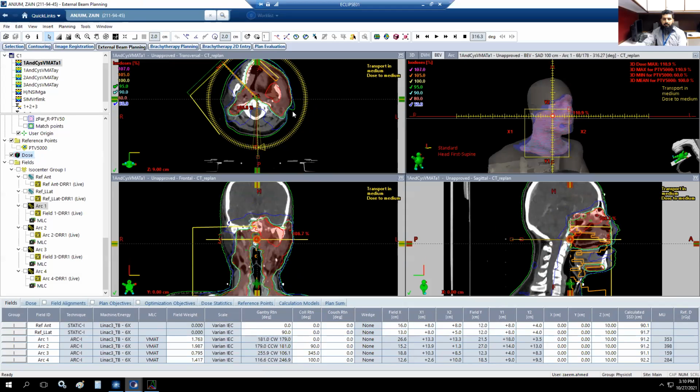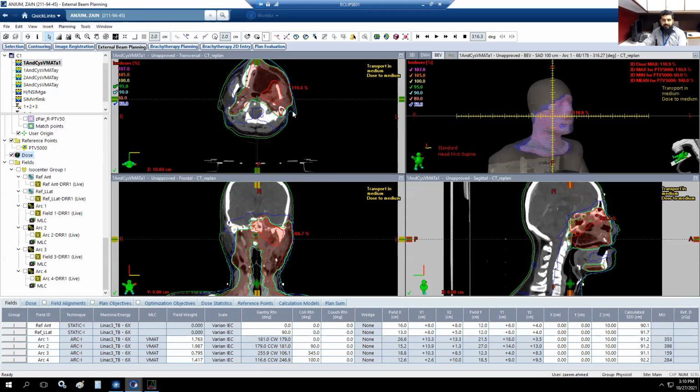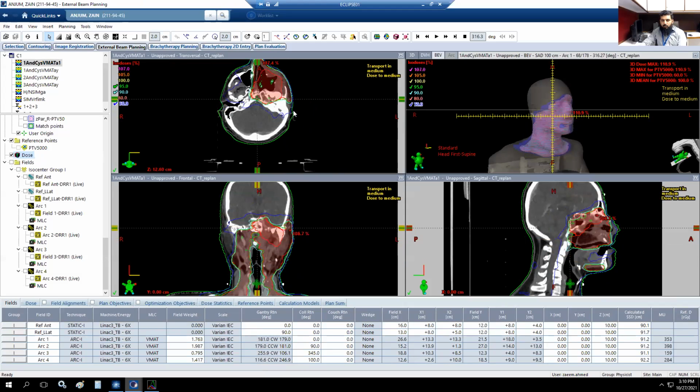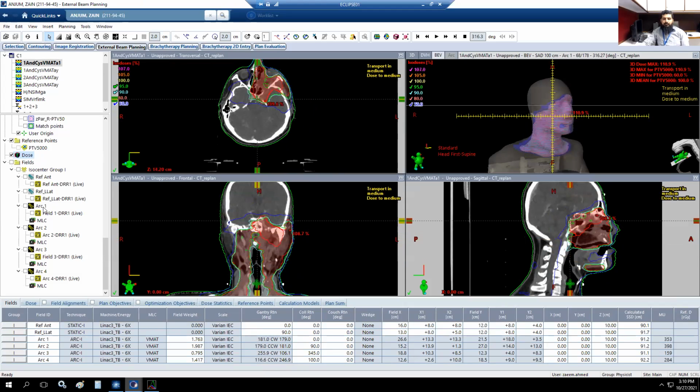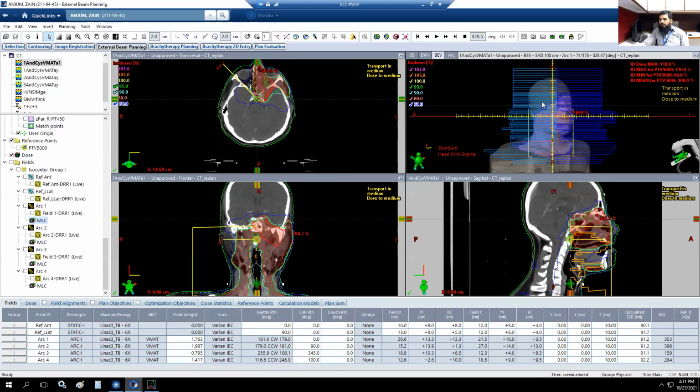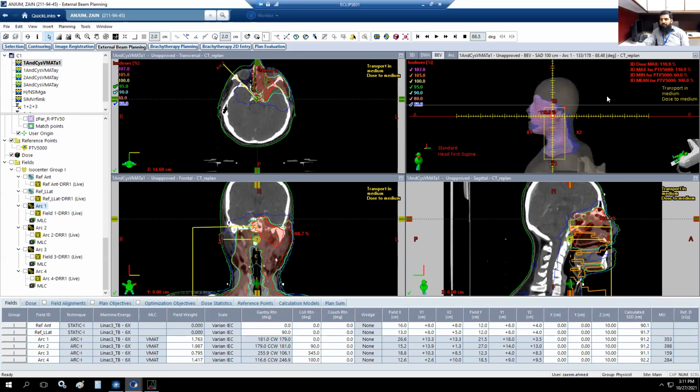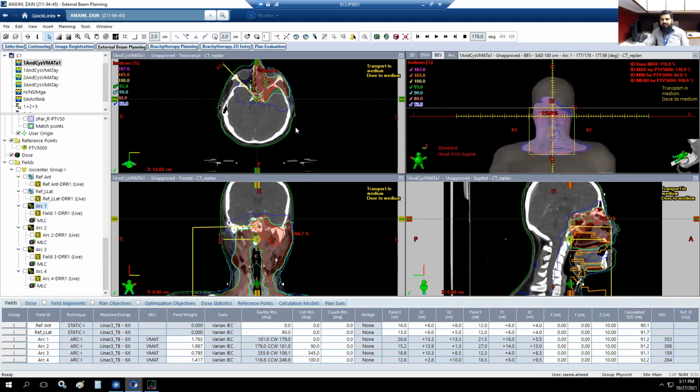Here you can see that the tumor is in between the eyes also. So we have used four different arcs, like the two complete arcs. If you can see the fluence also. So there is a fluence, where we have defined the constraints.